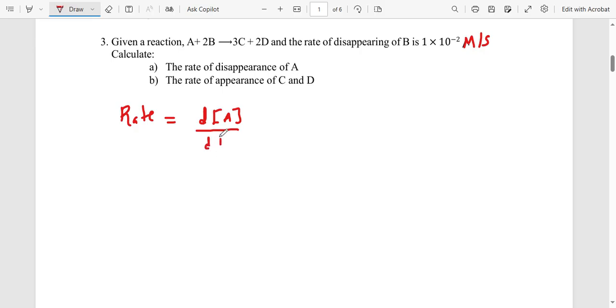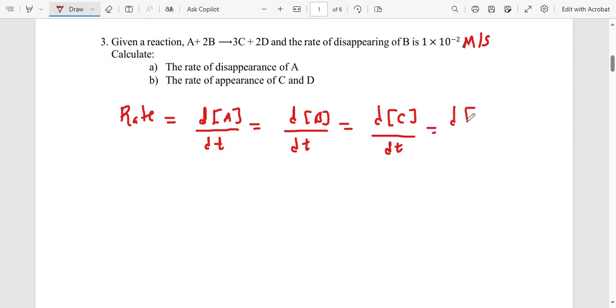Change in concentration of A over change in time, and this should be equal to the change in the concentration of B over the change in time. And it should also be equal, on the product side, to the change in concentration of C over the change in time and the change in concentration of D over the change in time.